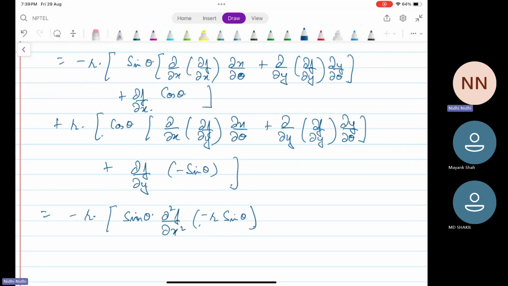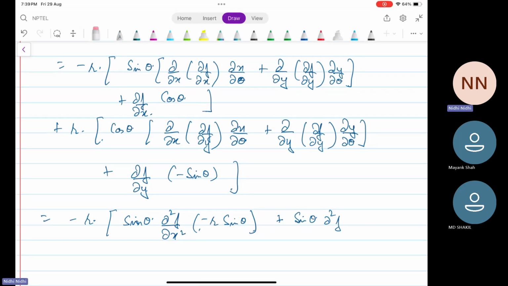Then we have plus sine theta times del 2f by del x del y. Del y by del theta is r cos theta.